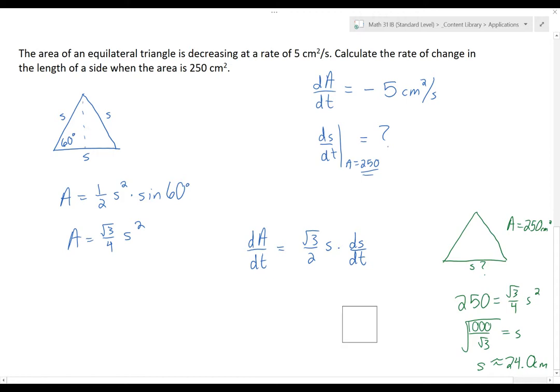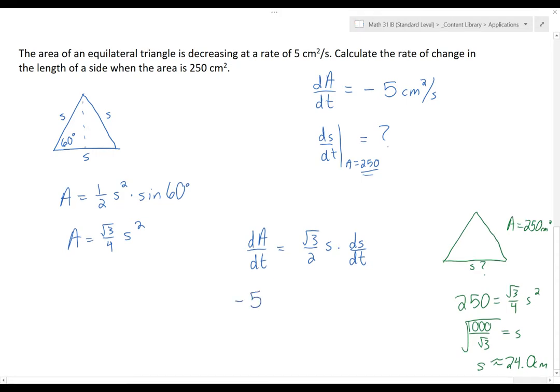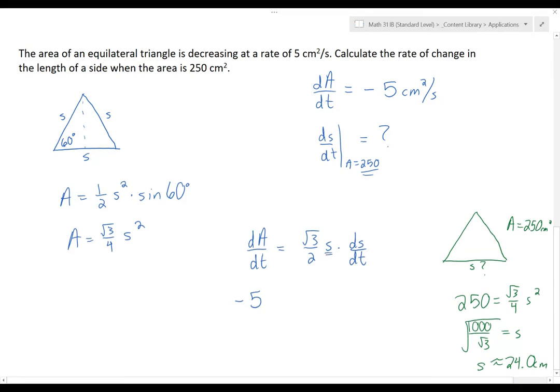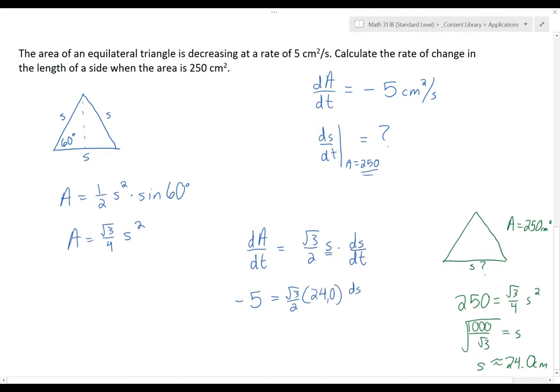So the change in area with respect to time is -5 centimeters squared per second, but once I divide that by centimeters, I'm going to get centimeters per second, which is what I want for my new unit, equals root 3 over 2 times that 24.0 times ds/dt to figure out what that is at the moment that the area is 250.